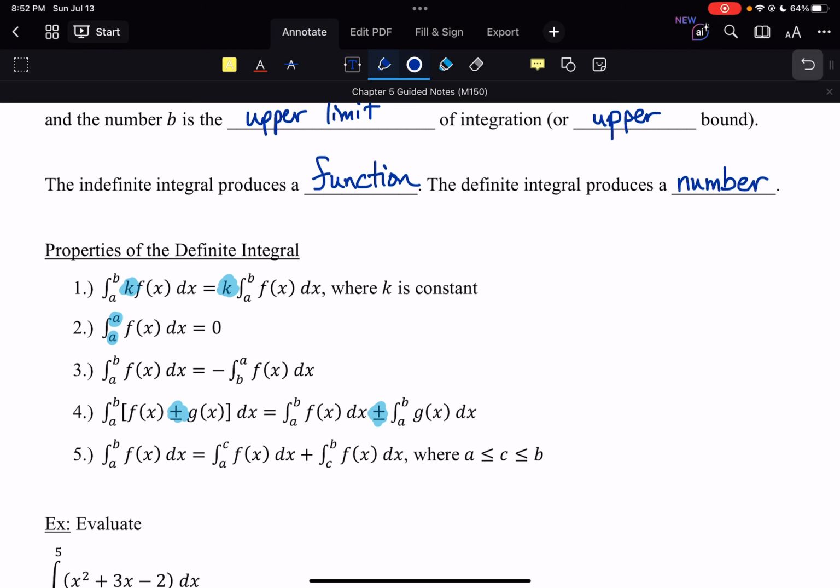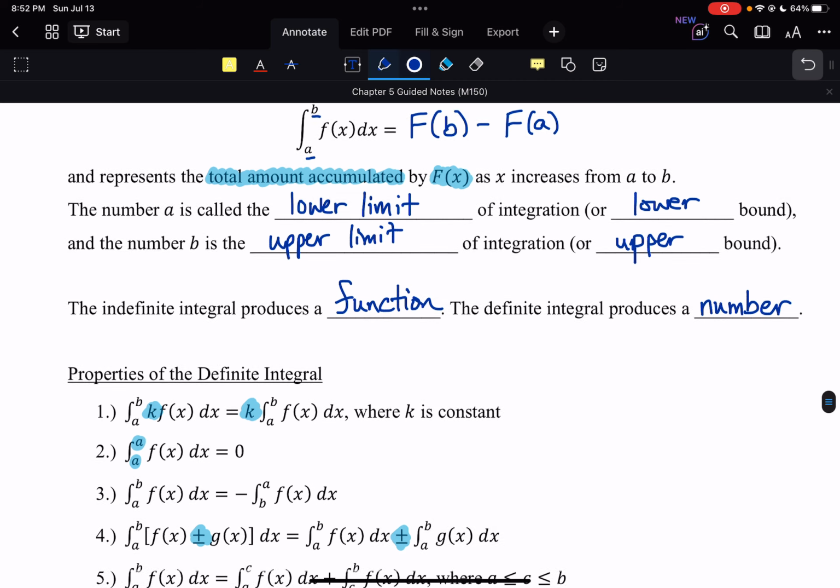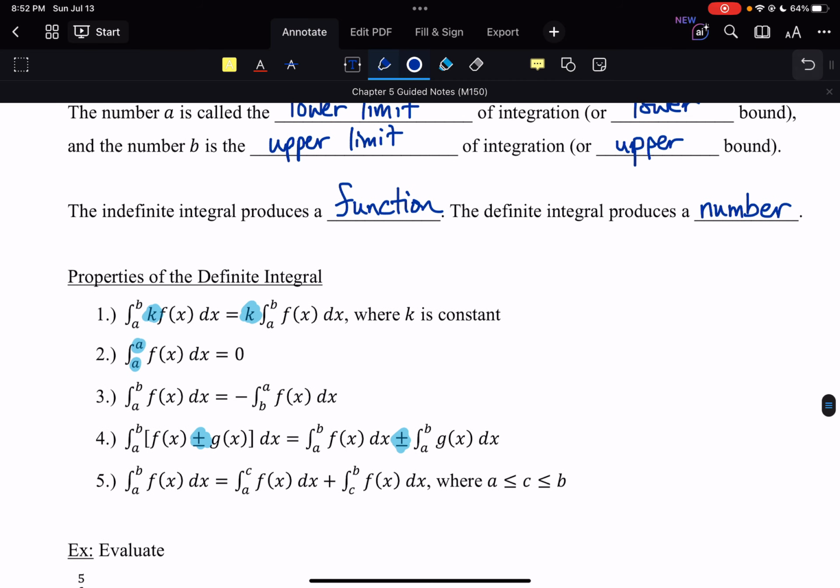And you can still show that algebraically, because you would take f of a minus f of a, and then you would just get 0. The integral from a to b is the opposite of the integral from b to a. So if we switch the bounds, then we end up flipping the answer, flipping its positivity or negativity.